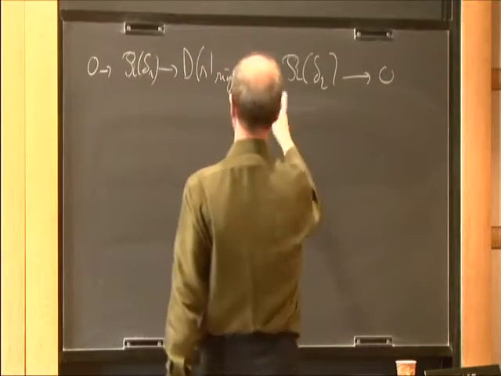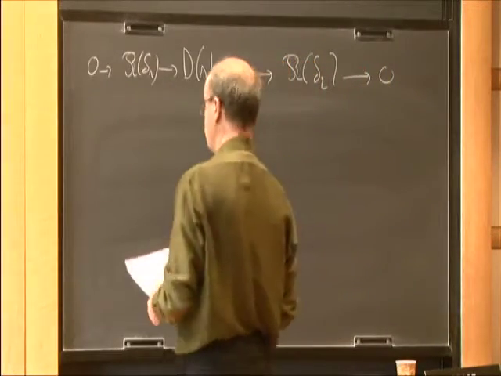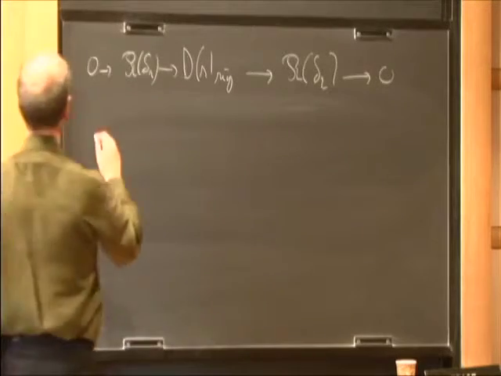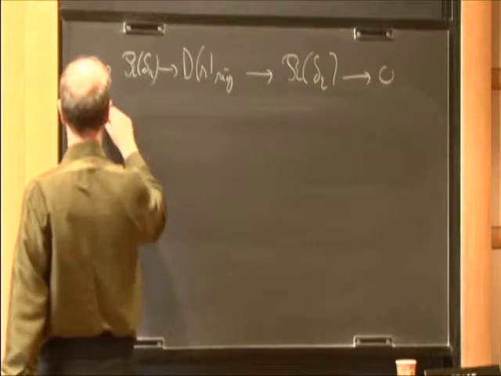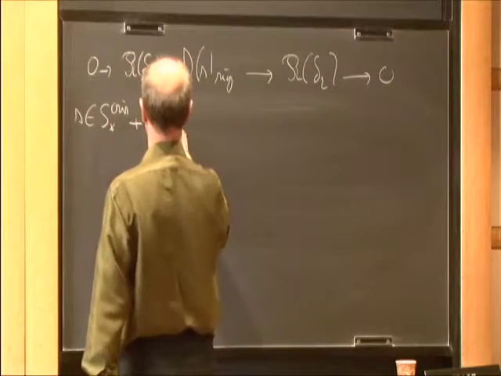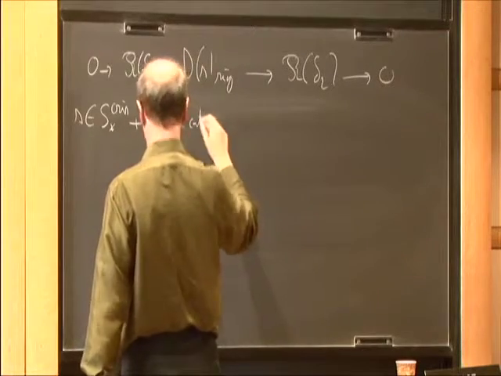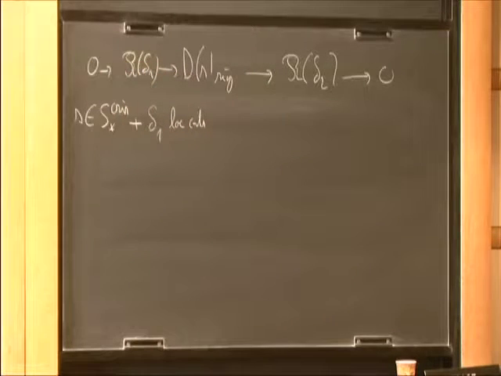And this extension depends on the choice of L. Okay? And now I remind you that with the condition you put here, you have that S is in S star Chris plus delta 1 locally constant, or locally algebraic, in fact. I could, instead of locally constant here, I could put locally algebraic.